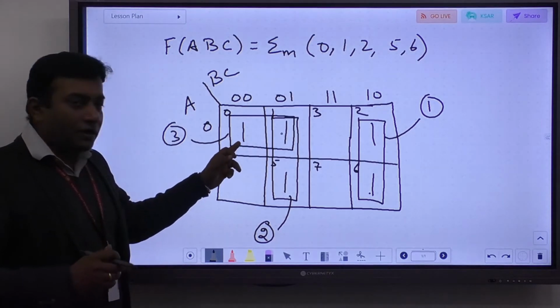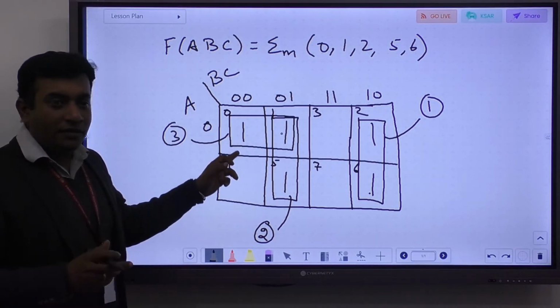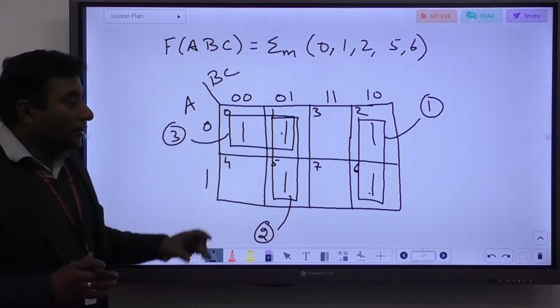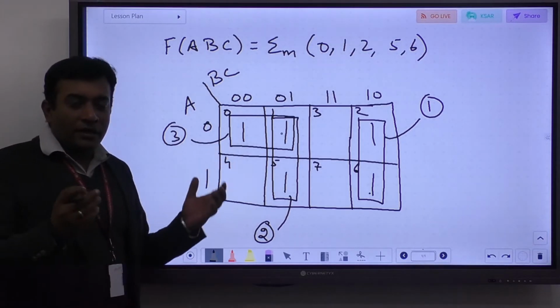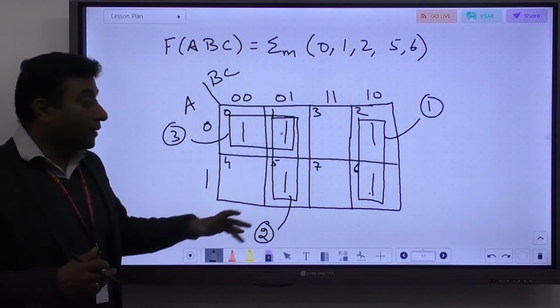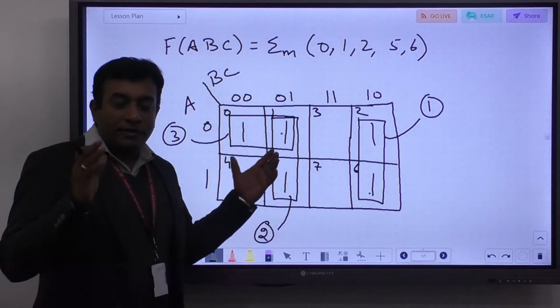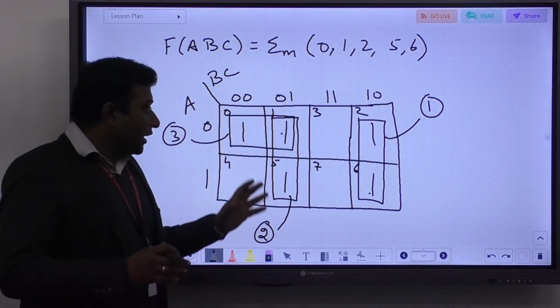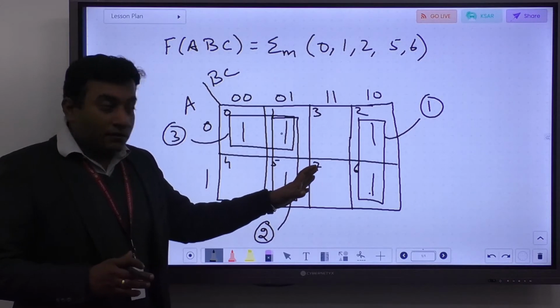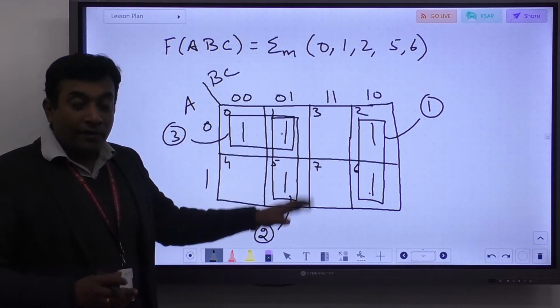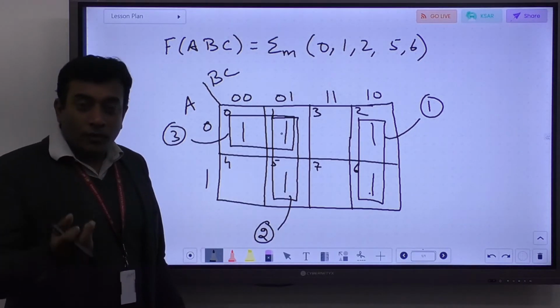It's because if we take this one as a singlet, that would be wrong. Why? If we take a singlet, we get three variables in a three variable K-map. If we take a pair, the variables left would be 2. And if we make a quad in a three variable K-map, we would be left with only one variable.